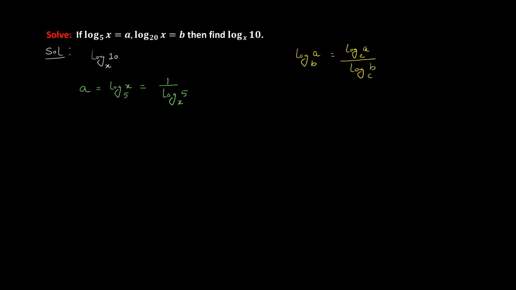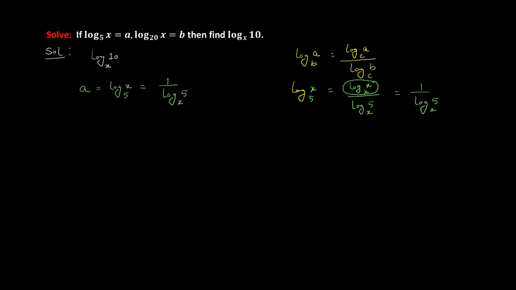So if we talk about log x to the base 5, we need to convert it into the base x, so we can write it as log x to the base x upon log 5 to the base x, and this log x to the base x will become 1, so we can write it as 1 upon log 5 to the base x.